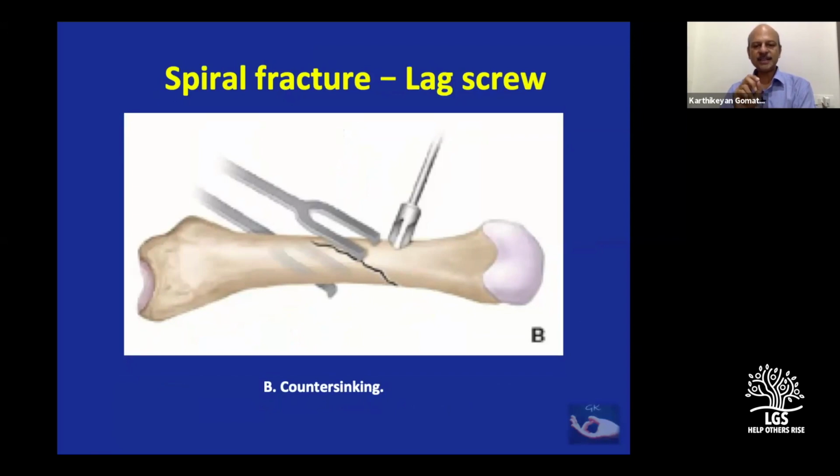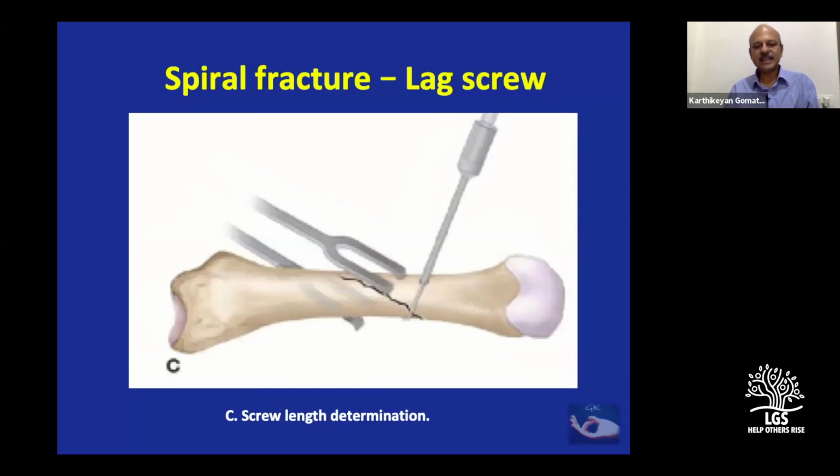Second, countersinking. Countersinking is a procedure by which the screw does not stay outside, but sits flush with the surface. So it is not just a drill hole you're making. The opening of the drill hole on the cortex, you make it wider so that the screw can sit flush with the surface. Third is to determine the length of the screw.